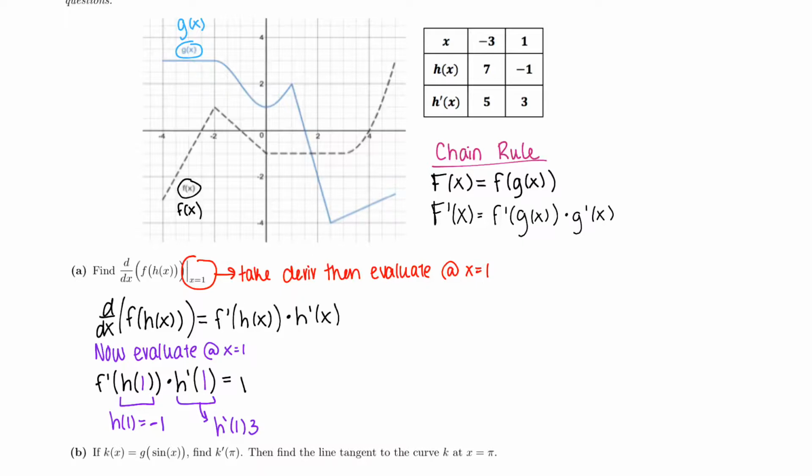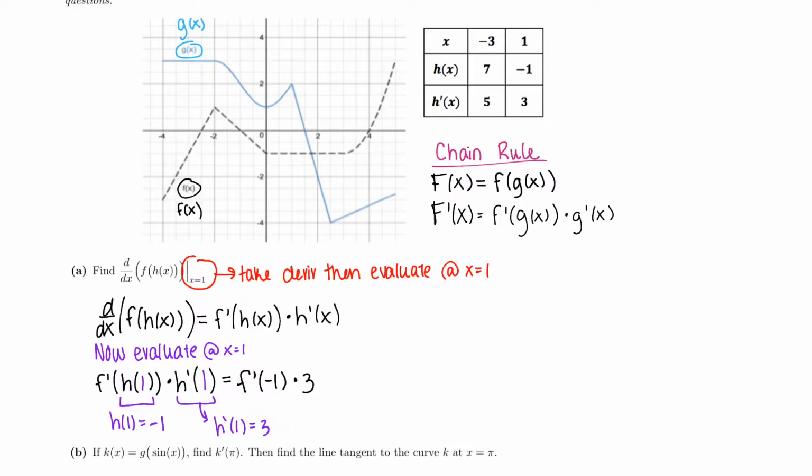So now we have f prime of negative 1 times, oops, let me see, this should be equals 3. So f prime of negative 1 times 3. So f is the graph of f, right?